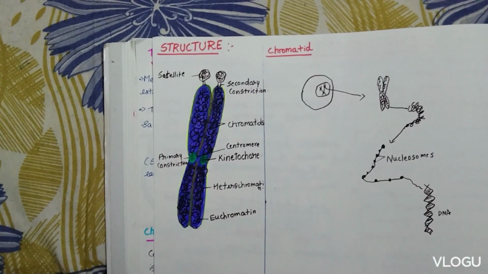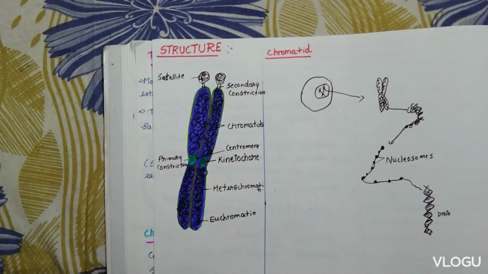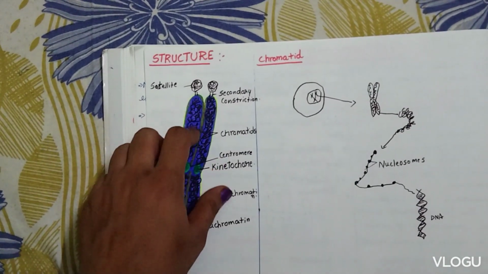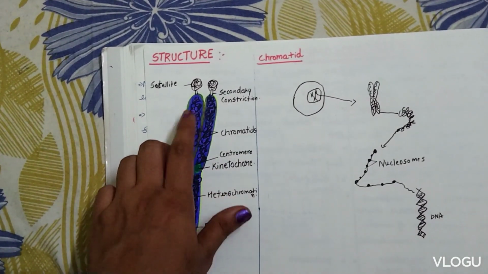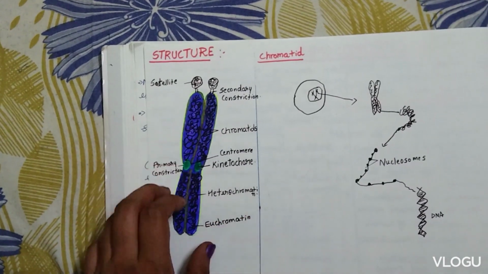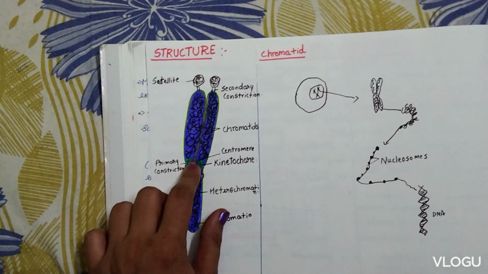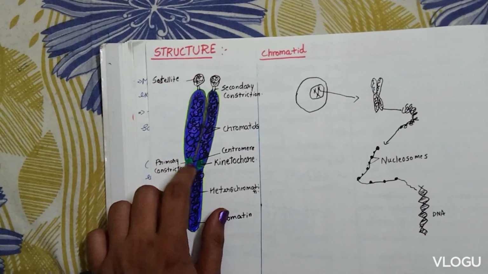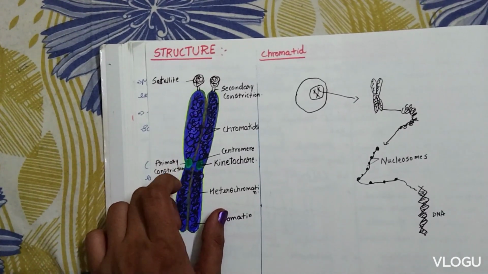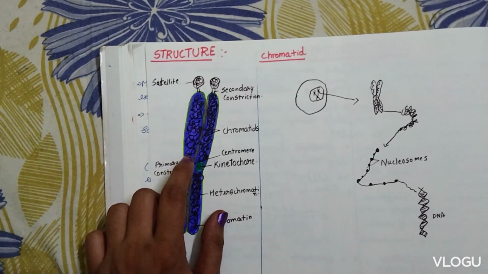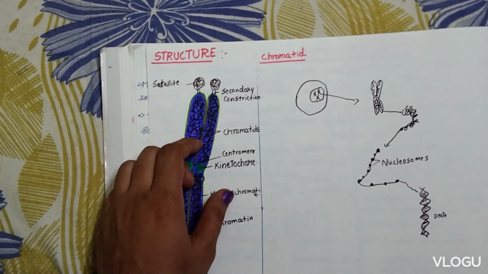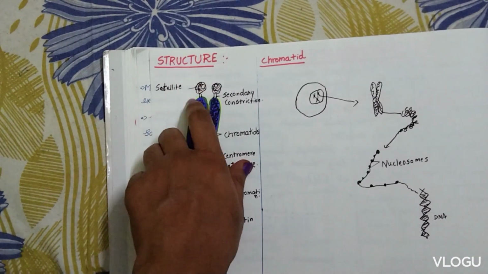Now to see the structure of the chromosome one by one. First, the chromosome has chromatids. Two chromatids are present in the chromosome. These chromatids are separated by the centromere, which is positioned in the center. You have learned the types: it can be positioned away from the center also, or at the ends.